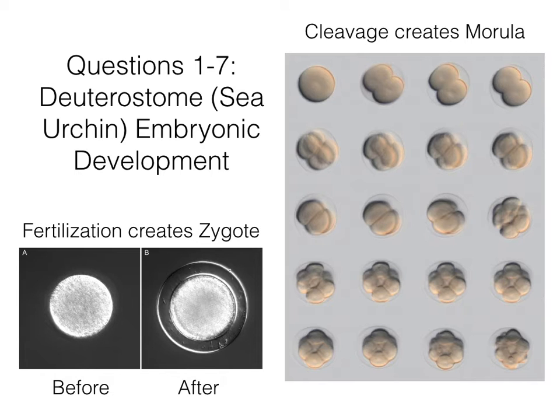On the left-hand side of the slide, you can see an unfertilized egg. Okay, that's the before. When these eggs come in contact with sperm, only one of them can actually fertilize the egg. As soon as a sperm penetrates the membrane of the egg, a fertilization envelope forms, which you can see in the after picture.